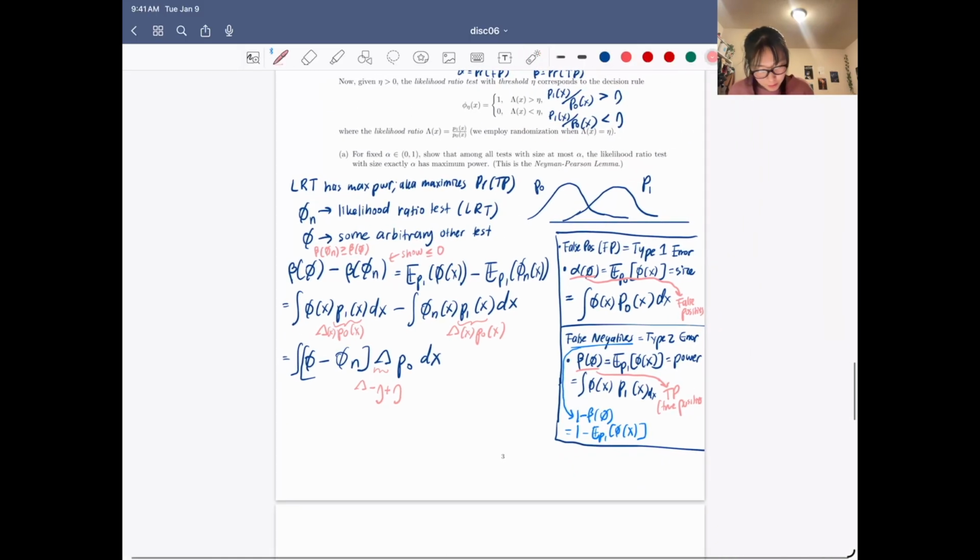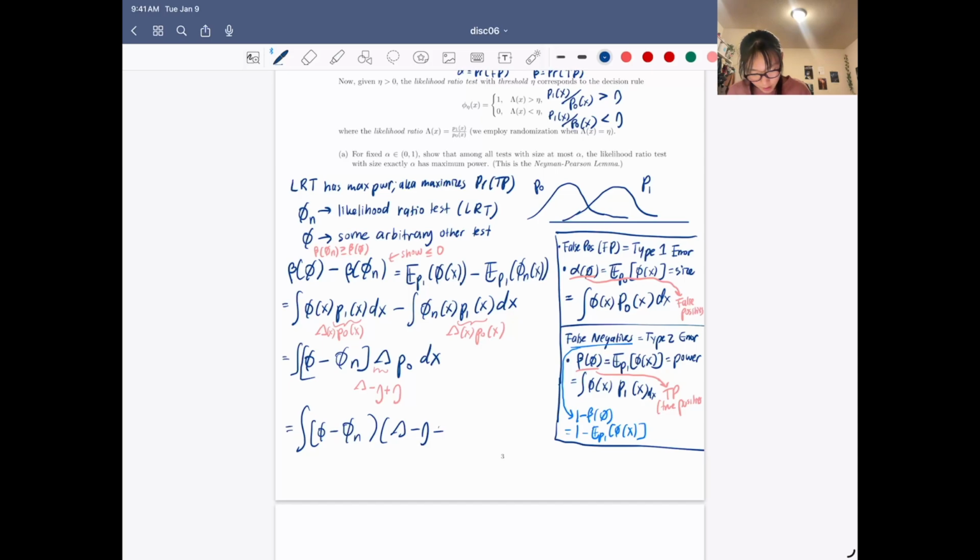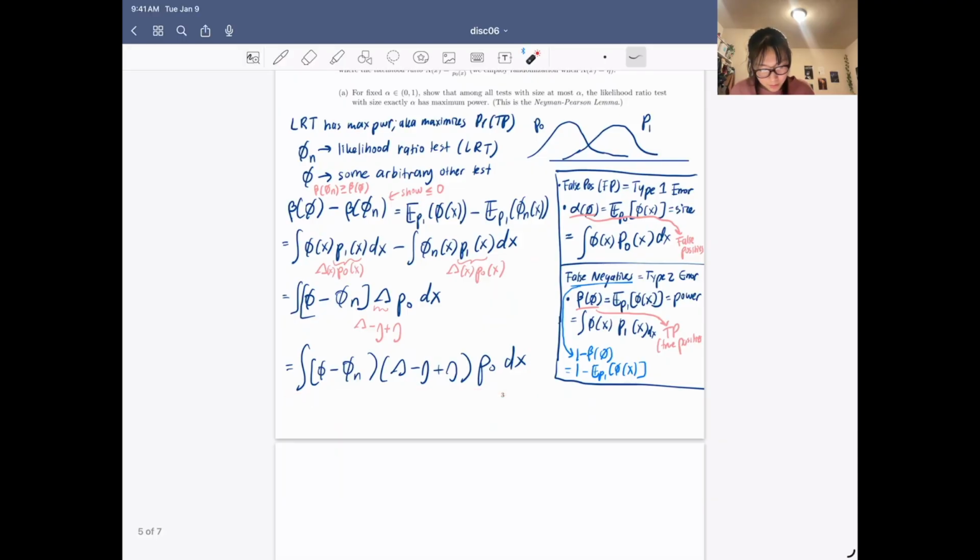So I'm going to say this is equivalent to the integral of phi minus phi of n, times lambda minus eta plus eta, times p0 dx. And then I'm going to basically split this integral into two by grouping, multiplying this thing by that, and then this thing by that, and then splitting it up.